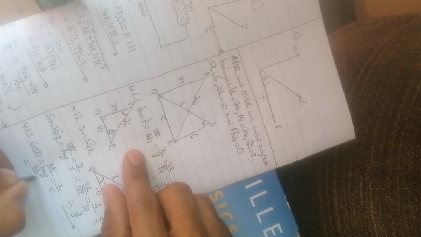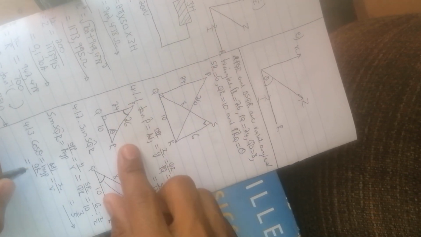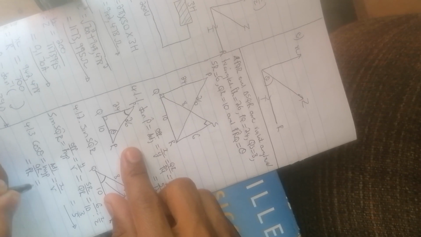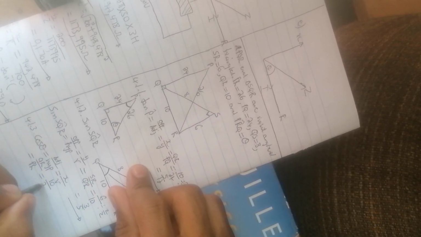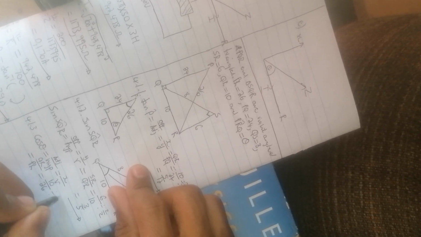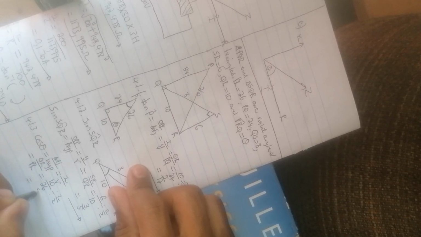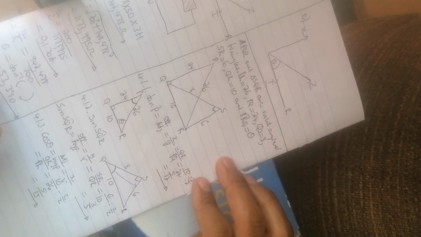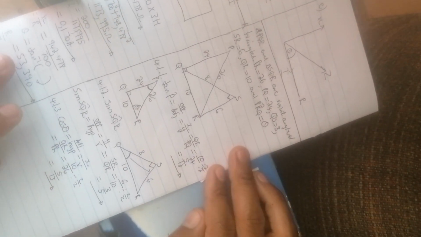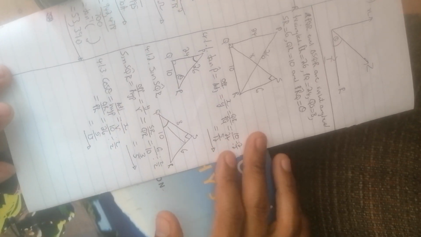So this is the adjacent, QR, divided by the hypotenuse, which is PR. And what is QR? This is 10 being divided by 26. I can divide by 2 to get 5 over 13. Are we fine? I hope that we are doing just fine.